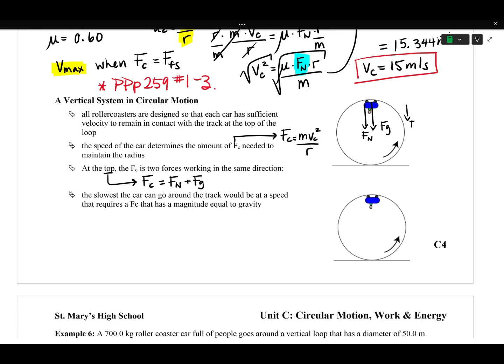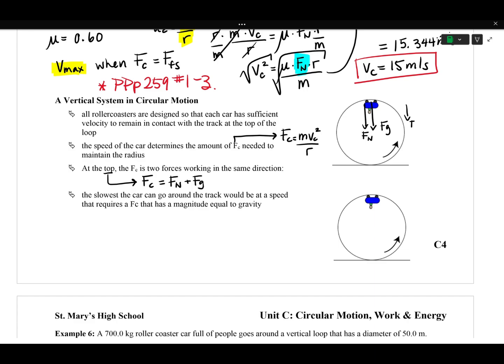When they are determining how fast to make the car go around the loop in order to maintain contact with the loop, they always want to look at the minimum speed that they would have to send you through. So they know that you have to reach at least that speed in order to make it through the circular motion of the loop.